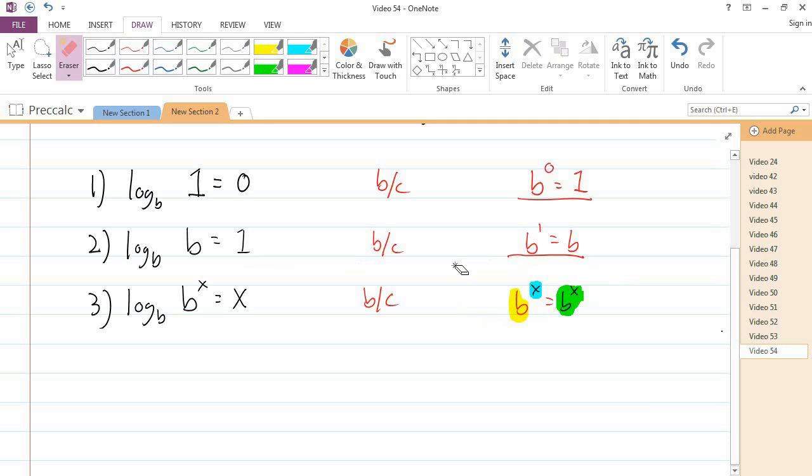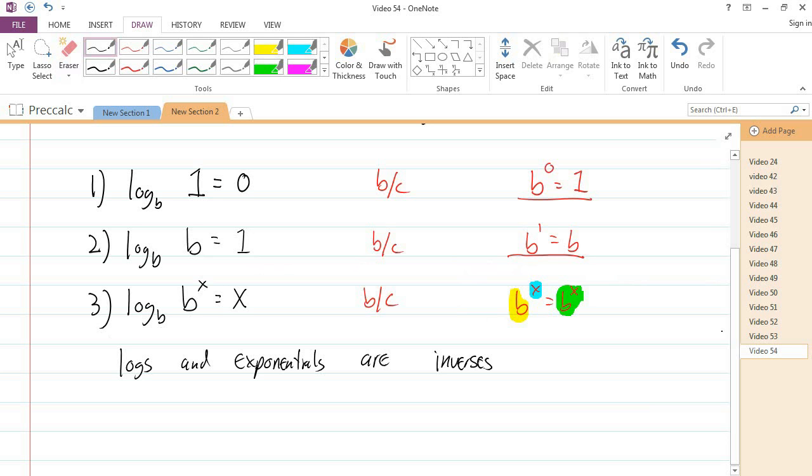But more importantly, this comes from the fact that logs and exponentials are inverses. Okay?